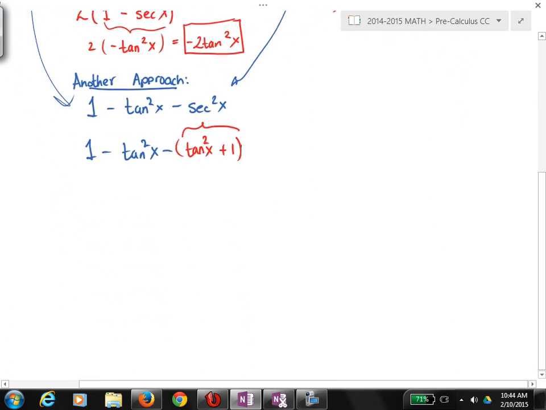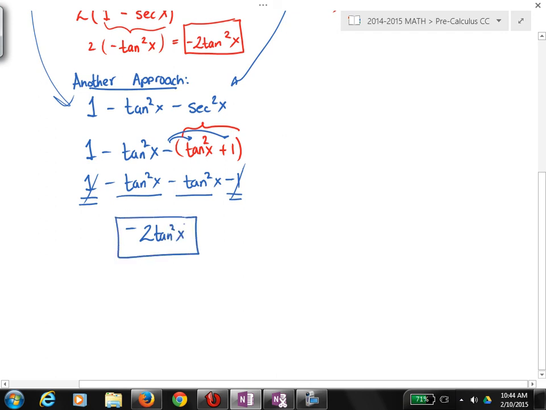And now, what you can see is you're going to distribute. You're going to be left with 1 minus tangent squared of x minus tangent squared of x, and then minus 1. Now here, if I combine like terms, the 1's will actually cancel each other out. 1 minus 1 is 0. And then if I combine these two like terms, I'll be left with negative 2 tangent squared of x.